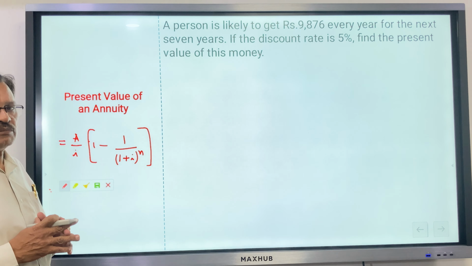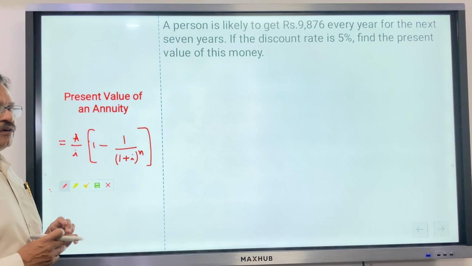Or if you are very good with calculators or a computer, through an Excel sheet also we can find out the present value of annuity. So how do you solve this particular problem? Through a formula.